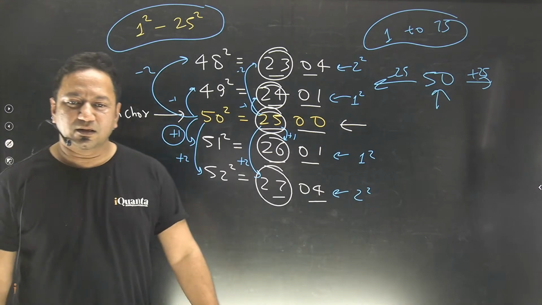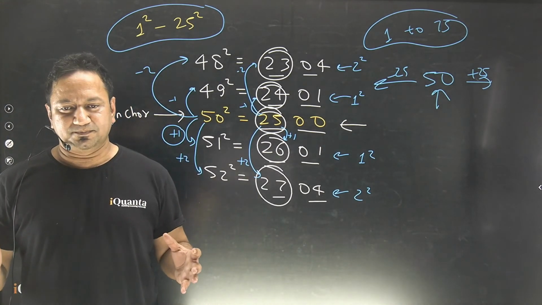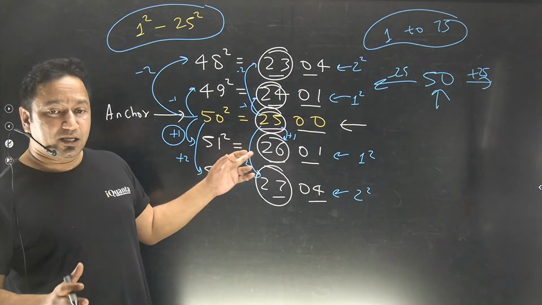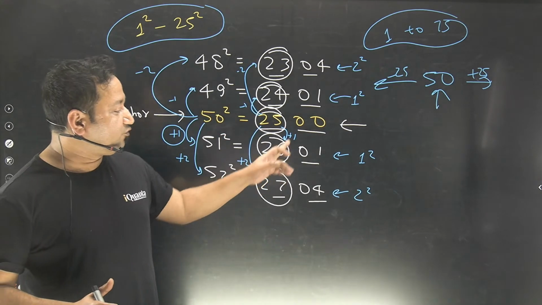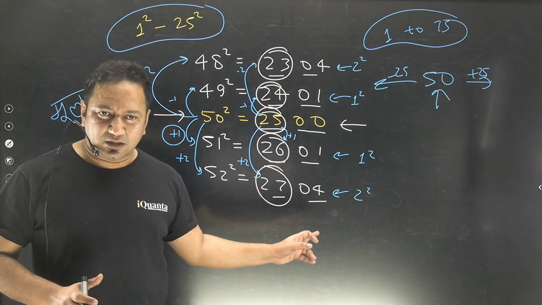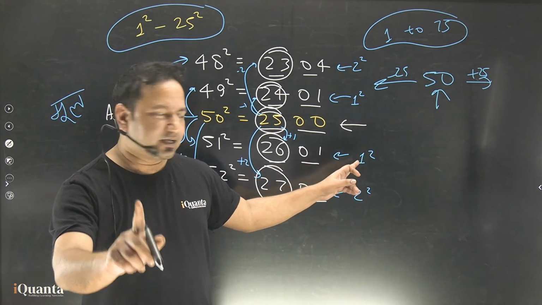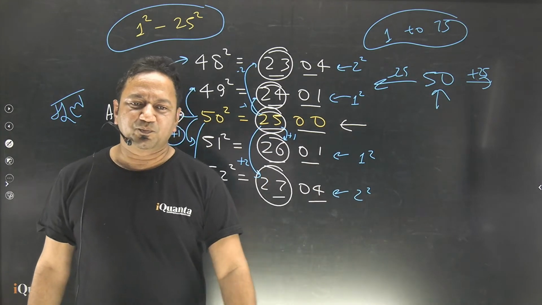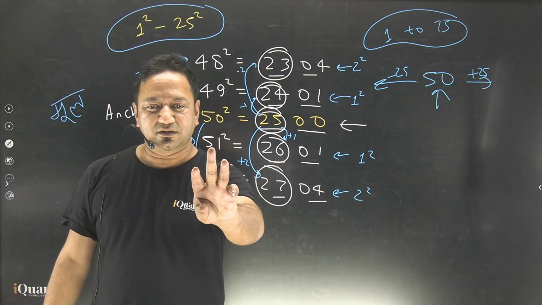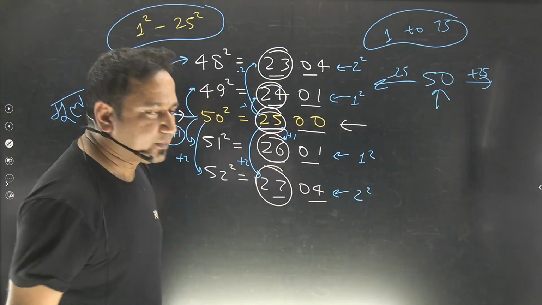So, the difference between the concerned number and 50, the square of that number would be forming the last two digits. The problem is square of 1 is only of a single digit. That's why I put a 0 before that. There is a possibility that you will get 3 digits as the square. Then you will be using, okay, I'll tell you that.